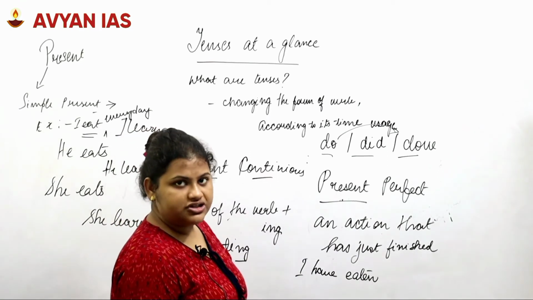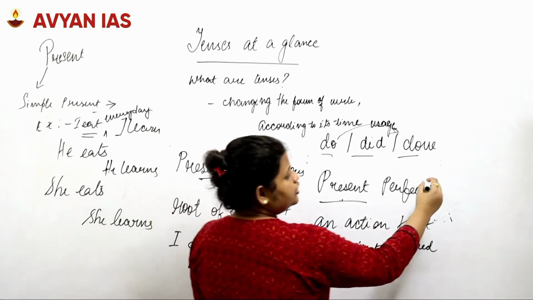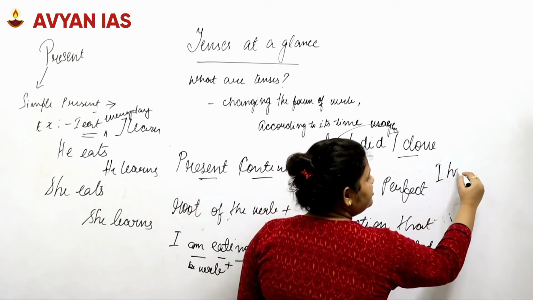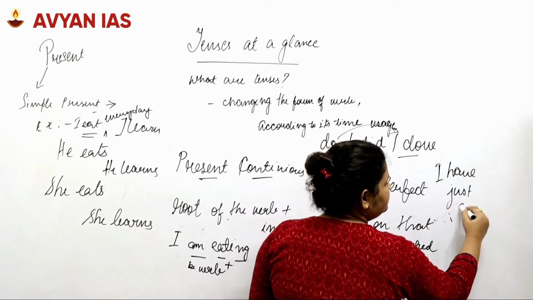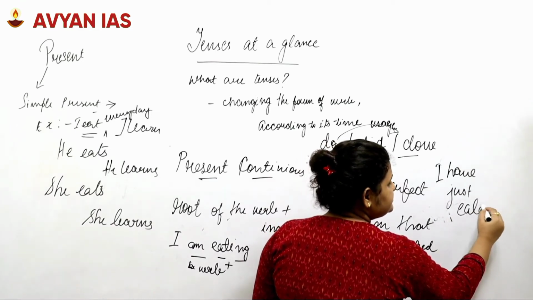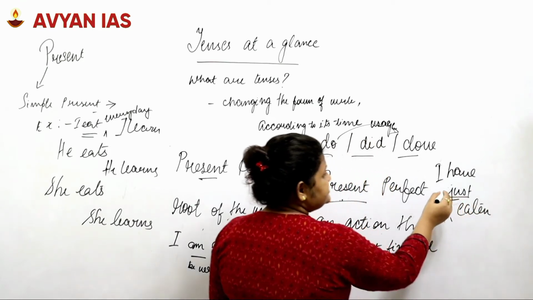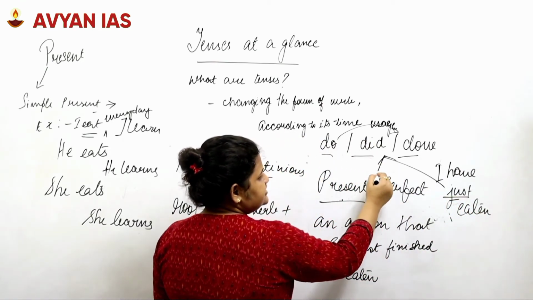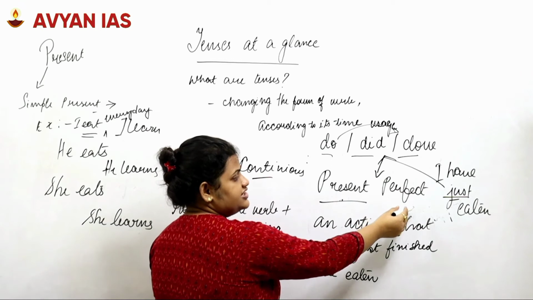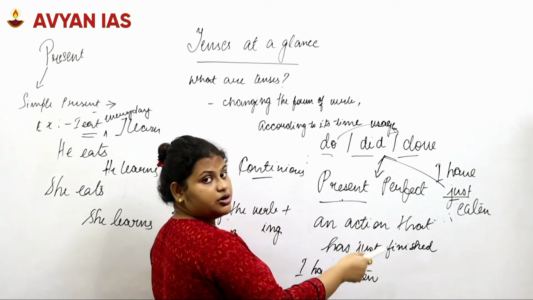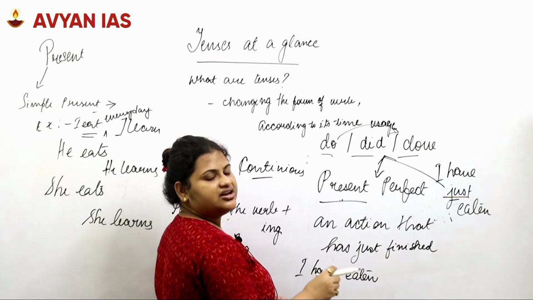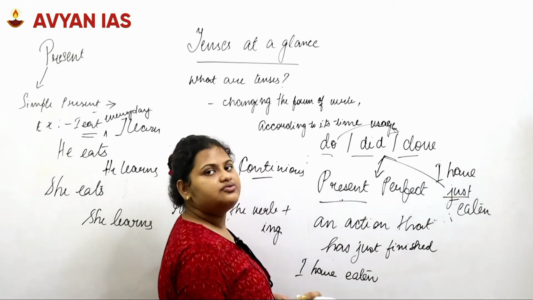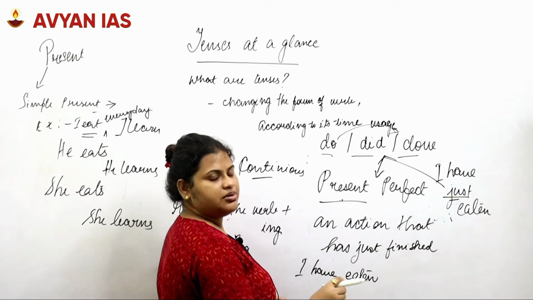So another of it would be, you can also say I have just eaten. Whenever the word just is used in a sentence, it is an indicator that this is a sentence in the present perfect tense. That is, it talks about something which has just happened in the recent past, very recent. So recent that we will not consider it even as a past tense.